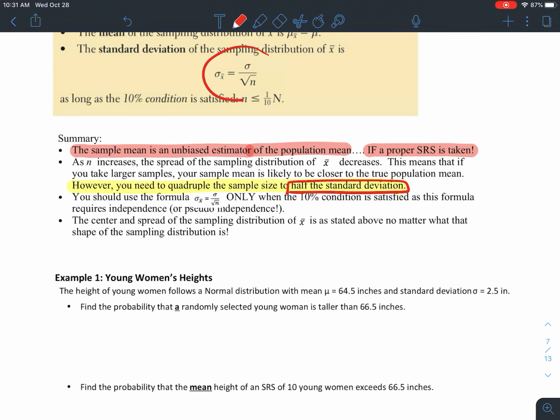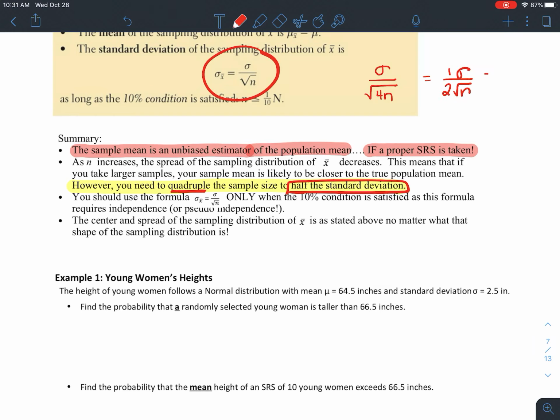And I want you just to look at the formula here and see why that is. If I were to take this formula, but instead of my sample size being n, my sample size is 4 times n, so I am quadrupling the sample size, you'll notice I now have a 4 underneath the radical. The square root of 4 would be 2, so I can pull that 2 out.